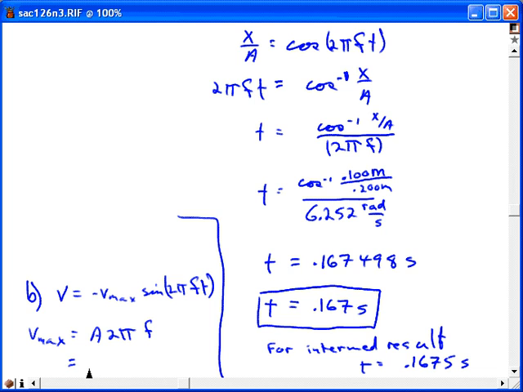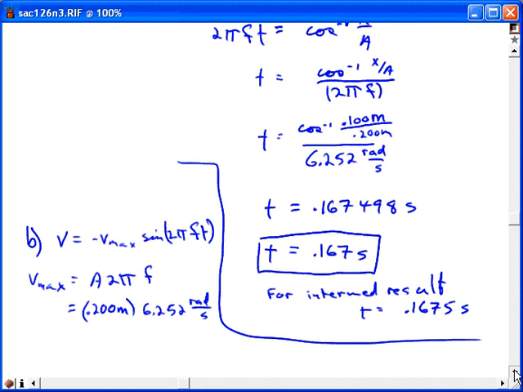Let's go ahead and substitute. Our A was 0.200 meters. That's the amplitude, maximum displacement from equilibrium. And 2 pi f, I just had substituted in over there, 6.252 radians per second.